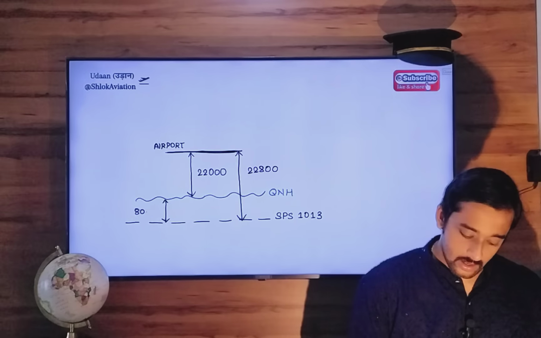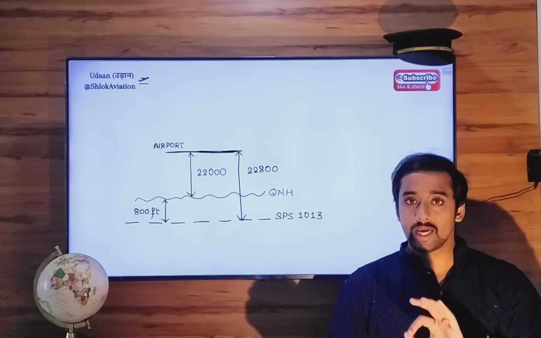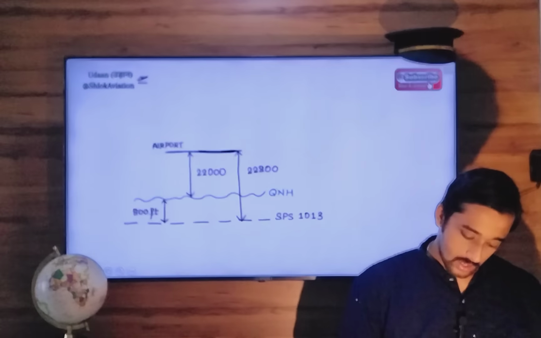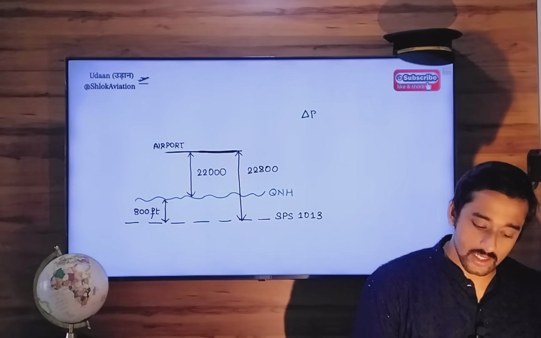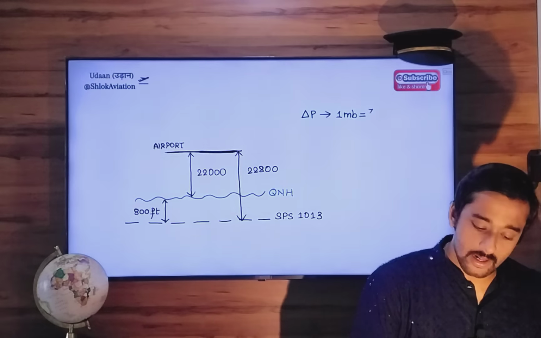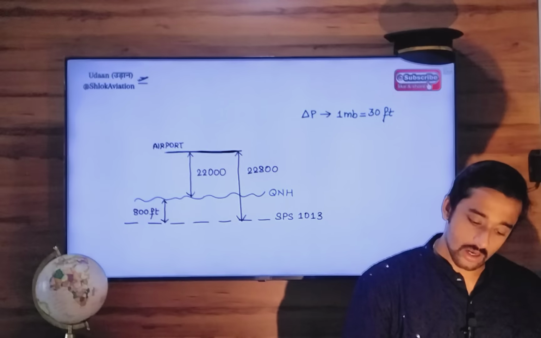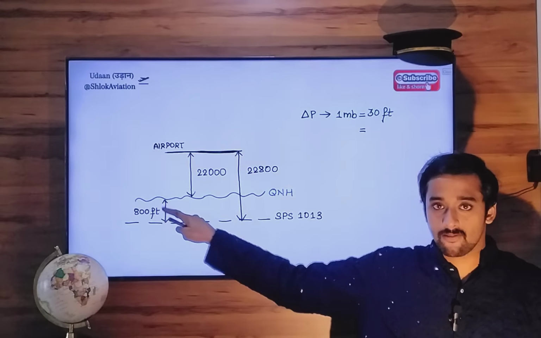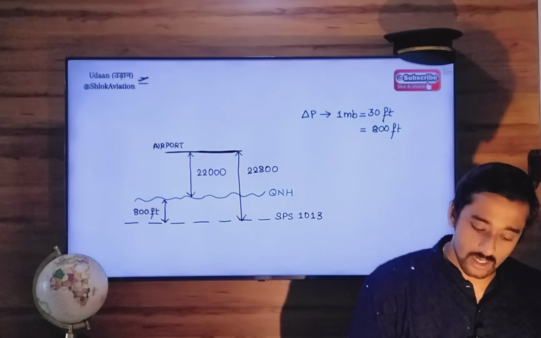This 800 feet vertical distance, we can convert into the corresponding pressure difference. How? We all know that a pressure difference of 1 millibar is equal to a height difference of approximately 30 feet, accurately 27 feet. So a height difference of 800 feet between these two pressure levels will be equal to how much pressure difference?